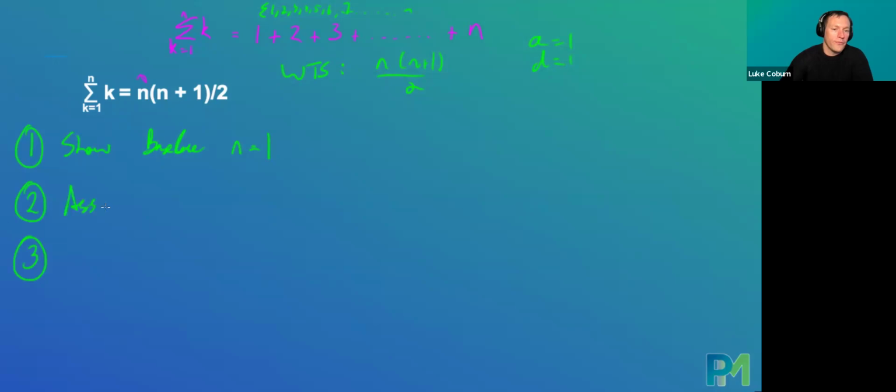We want to assume for some random number in the list that we just call k. We may get muddled with the fact that we're already using this k here, but let's proceed anyway. And then we want to show that if it's true for n equal to k, then that implies that it's true for n equal to k plus 1.